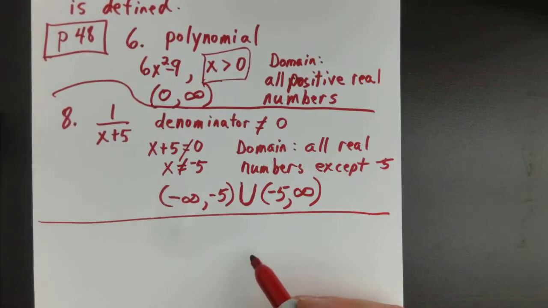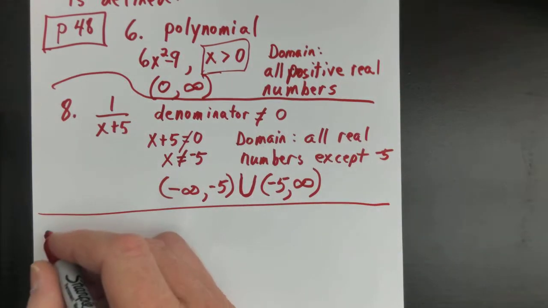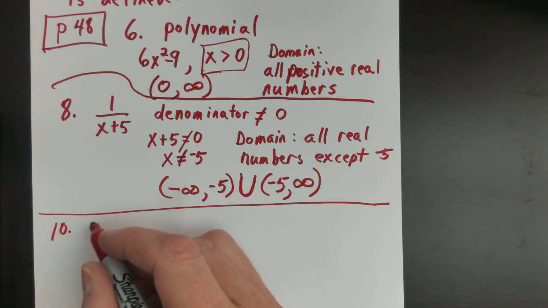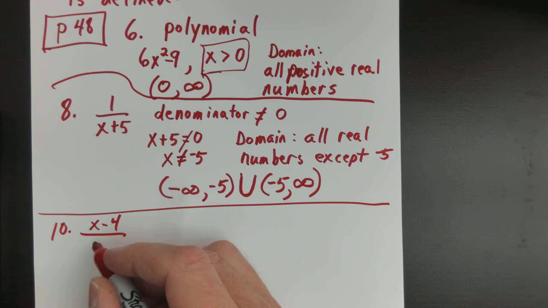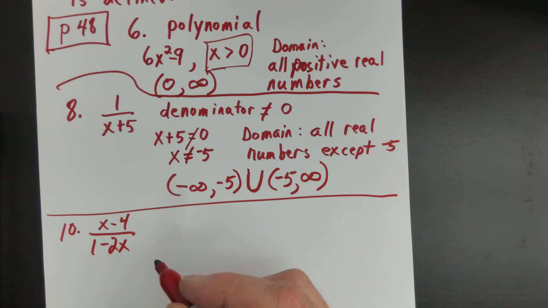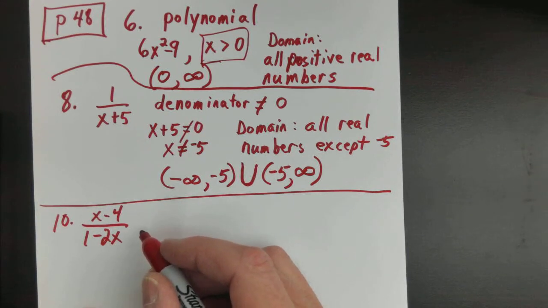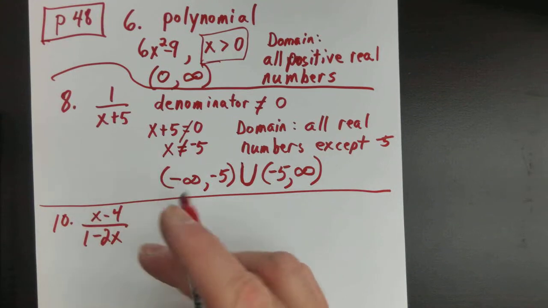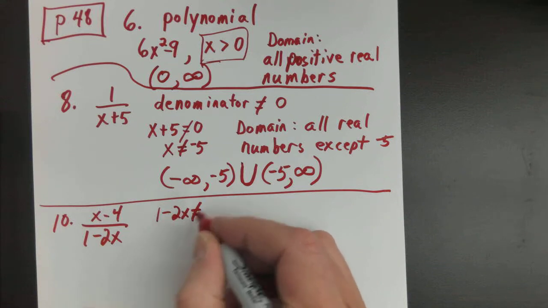And if I were doing a problem like number 10, where I have x minus 4 over 1 minus 2x, well, the first thing I'm going to tell you is I'm not real worried about the numerator being 0, but I am about the denominator. 1 minus 2x cannot be 0.